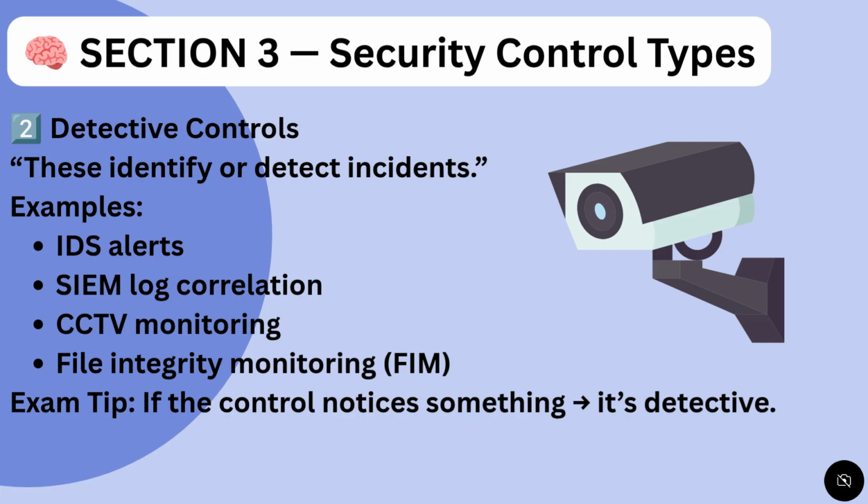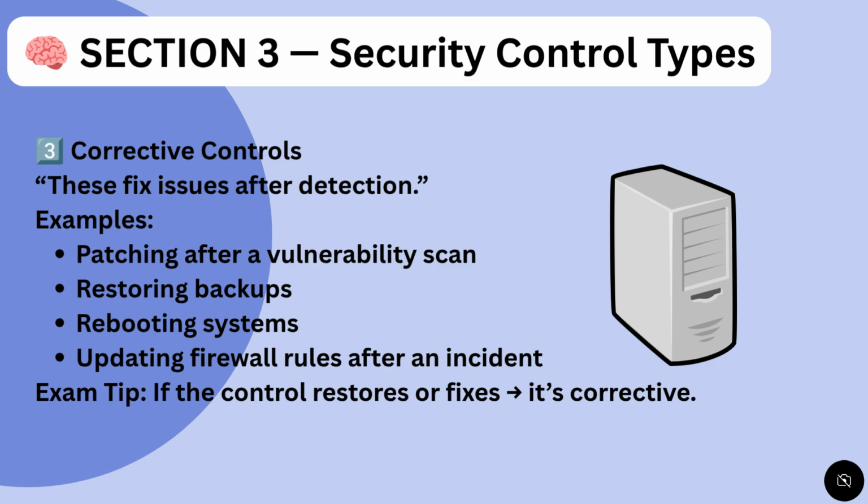Third control is corrective control. Corrective controls fix issues after they have been detected. Examples include applying patches after a vulnerability scan, restoring backups, rebooting systems, or updating firewall rules after an incident. If the control restores or fixes something, it is a corrective control.